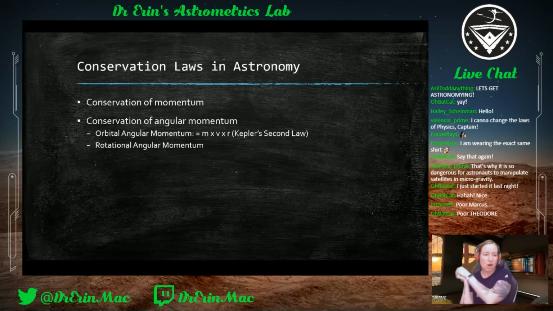So if you are swinging a ball around on a rope, the orbital angular momentum of that ball will be its mass, its velocity, how fast it's moving, times the radius, how far away it is from you. This is the solution to Kepler's second law, that, over an equal period of time, planets will sweep out equal areas. It's because of this.